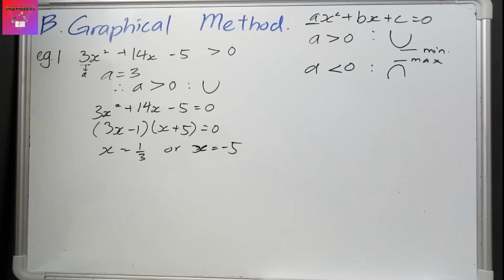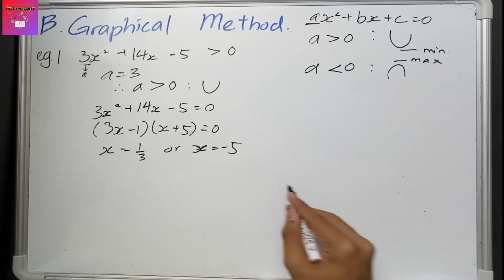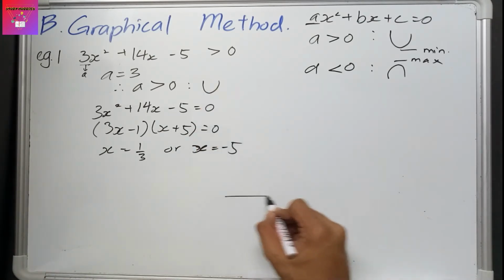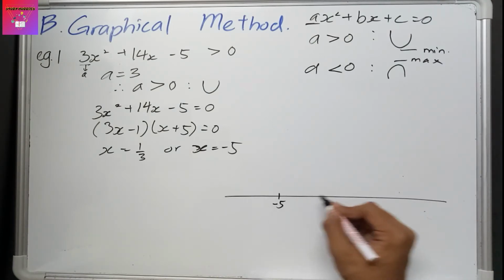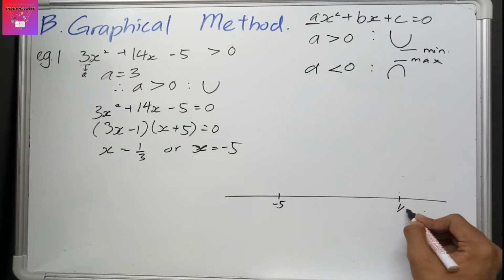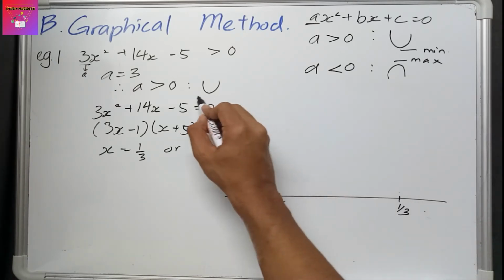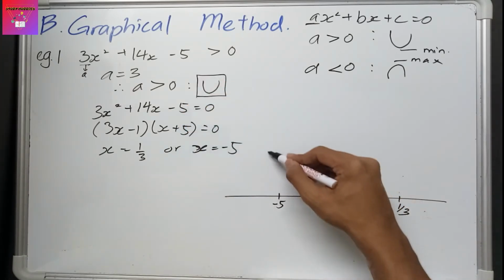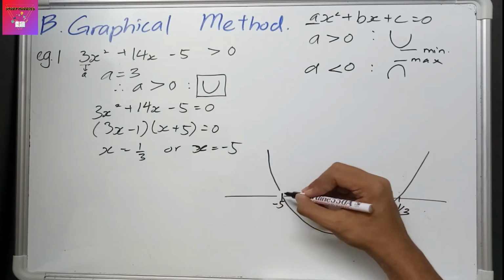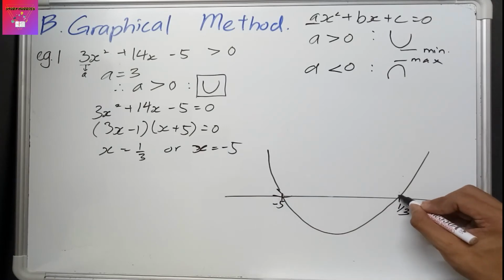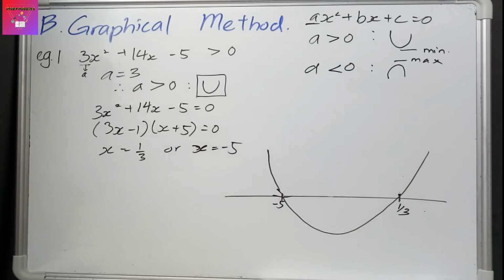Okay, so now you're going to draw the graph. So the graph touches at -5 and 1 over 3, and as we mentioned just now, the shape of the graph is a happy smiling face. Okay, so it touches at -5, it touches at 1 over 3.